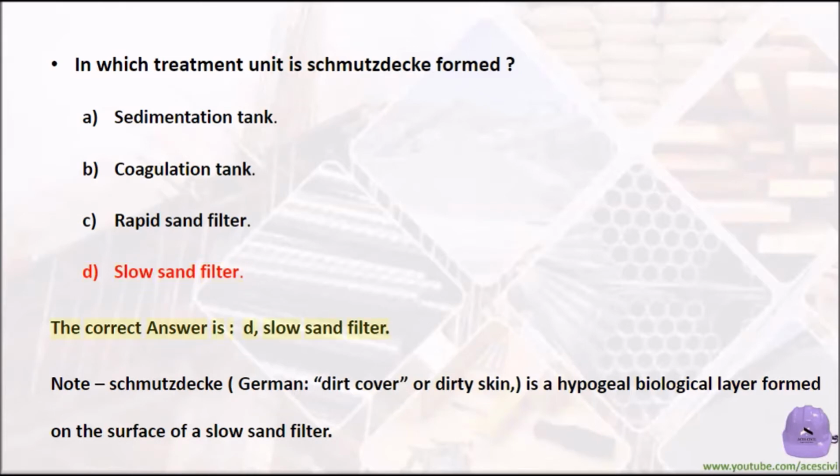The correct answer is D. Slow sand filter. Note: schmutzdecke, German for dirt cover or dirty skin, is a hypogeal biological layer formed on the surface of a slow sand filter.